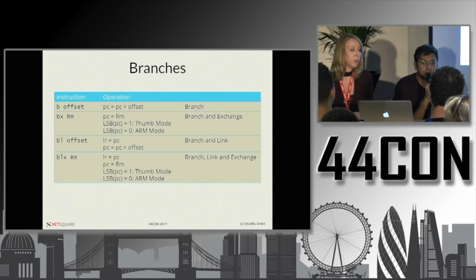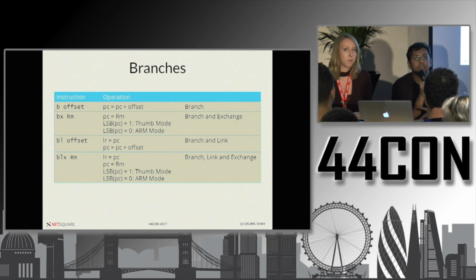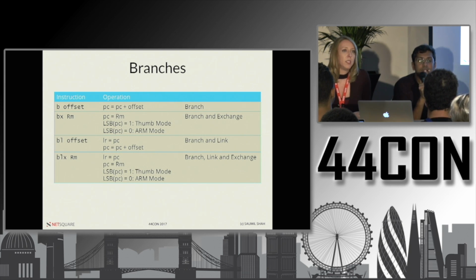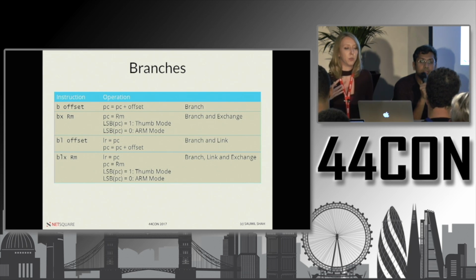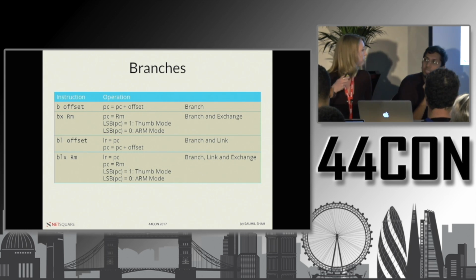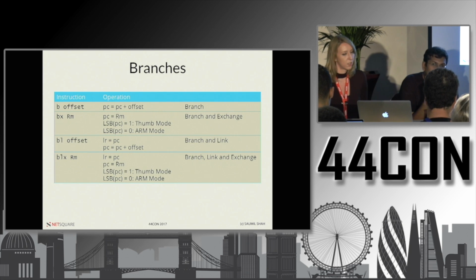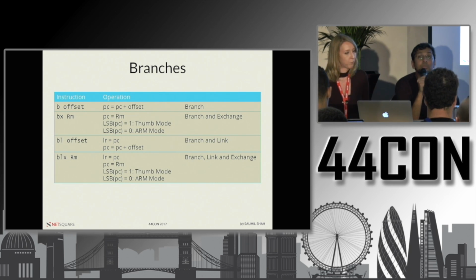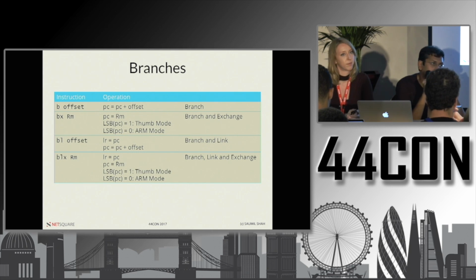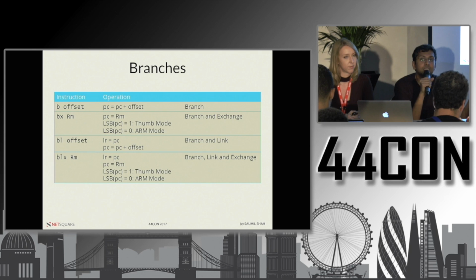So what we will need is BX for our example, because we will need to jump to thumb mode. Now, this is a good time to also ask ourselves, how does the CPU know when to switch modes? Let us say the instruction is at address 8060, just making it up. How do you know this address contains an ARM instruction or thumb instruction?